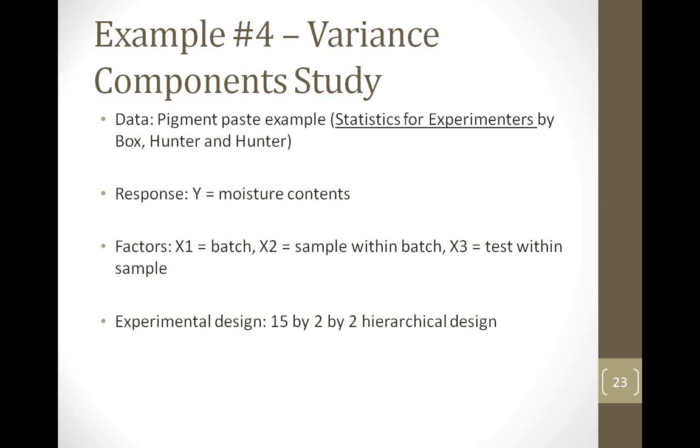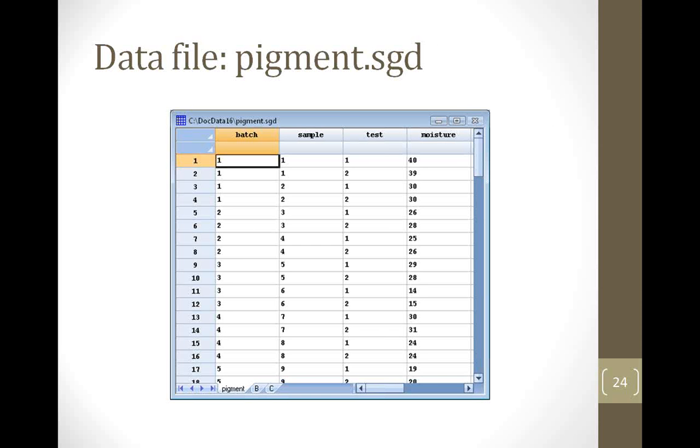Now, one of the interesting differences in this case is that the data are nested. The factors are nested. If I show you the data file, and here's the data file, it's called pigment.sgd, you'll notice that there are, if you scan down the file later on, 15 different batches. 2 samples were taken from each batch.